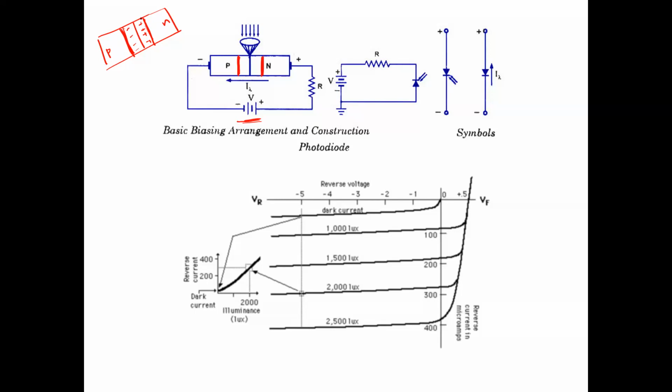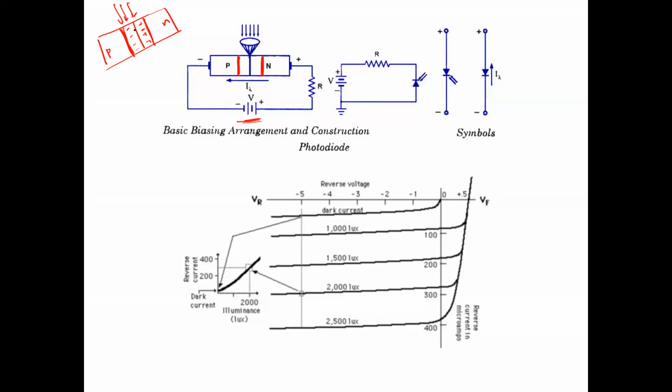So whenever light is entering this junction, in this charge neutral region, some extra electrons will be created in the form of ionization of the atoms present over here.